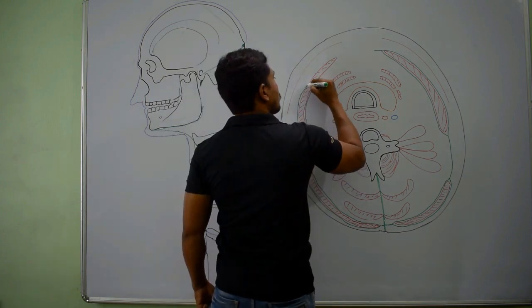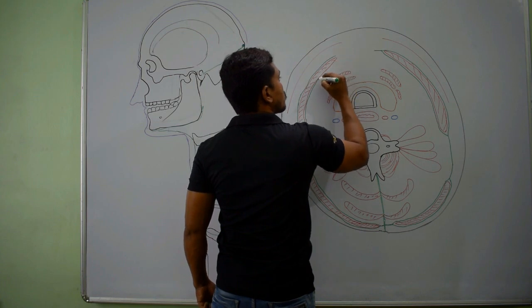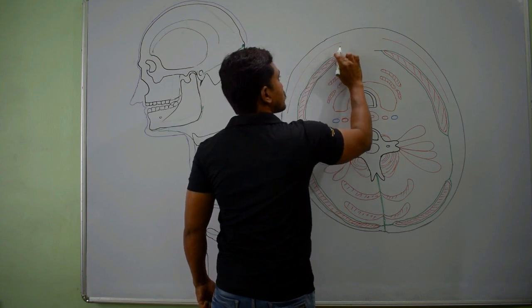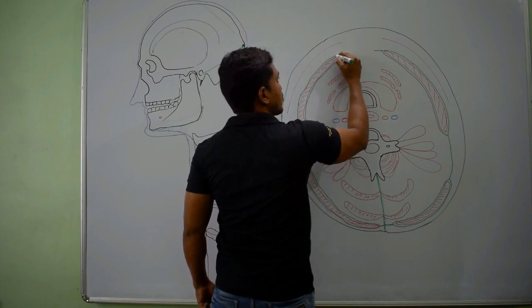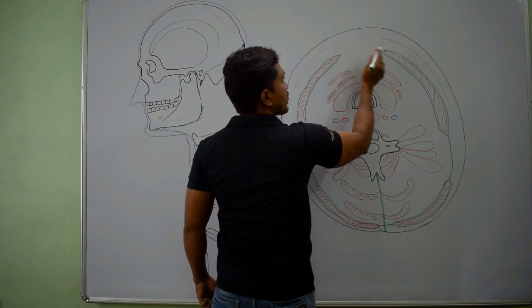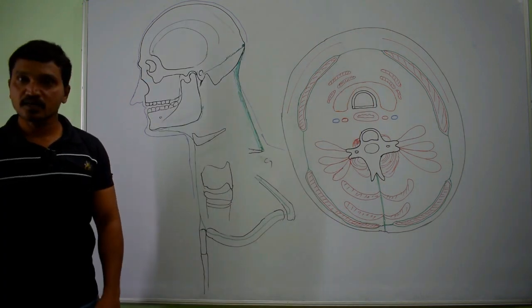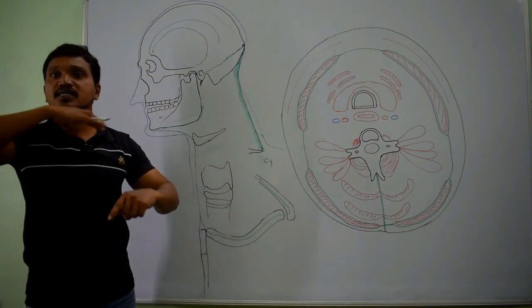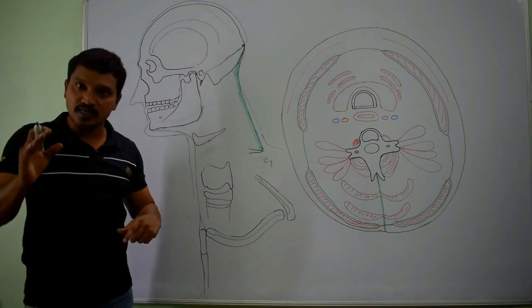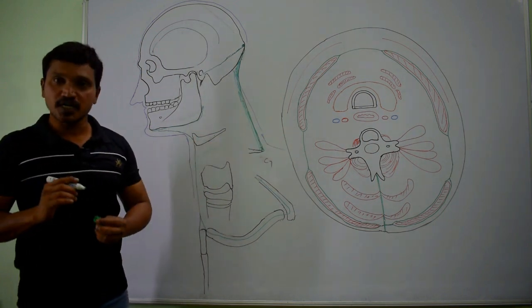Then when it goes forwards and reaching to the anterior border of sternocleidomastoid, again fused, and in the midline fuses with the opposite side layer. Is that clear? So this is only horizontal disposition, horizontal tracing of investing layer of deep cervical fascia.